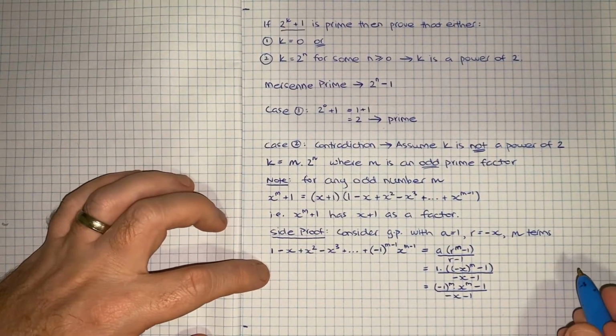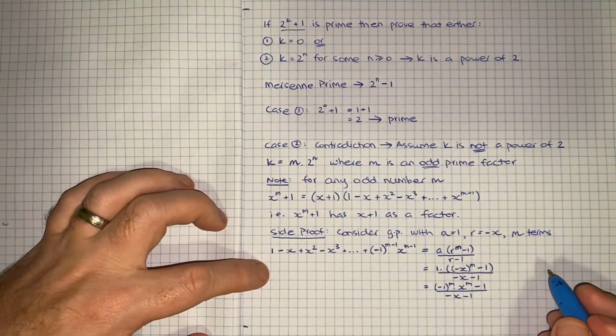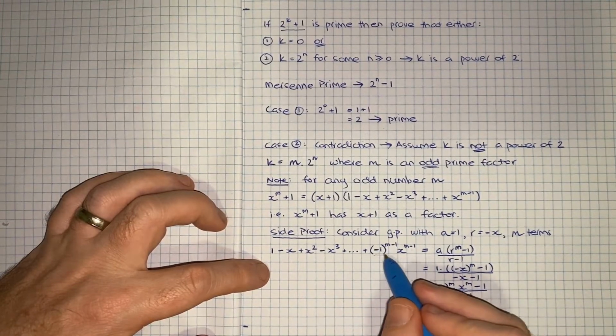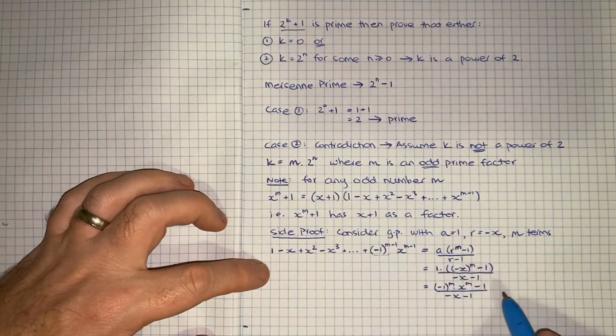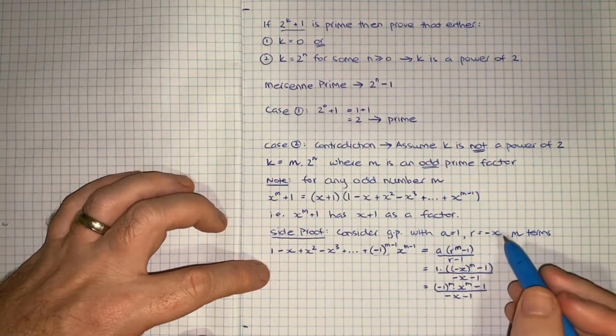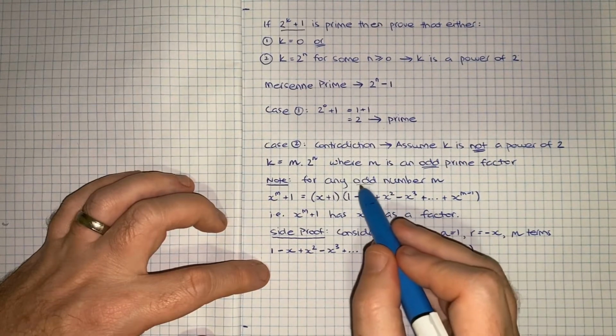And what's going to be helpful for us here is to think about this negative 1 to the m minus 1 and this negative 1 to the m. What can we know about those two elements if we're dealing with m being odd?